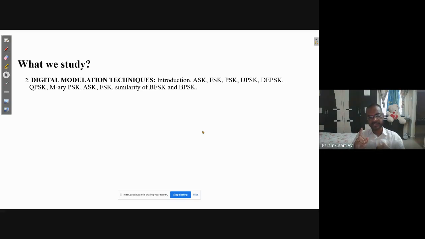And when the digital signal is logic 0, the FSK frequency is 5 kHz. So at any instant of time, the carrier frequency is either 10 kHz or 5 kHz. Am I correct? Okay, like that. Next, PSK, phase shift key. Can you define what is phase shift key?